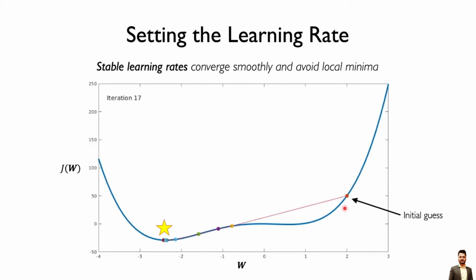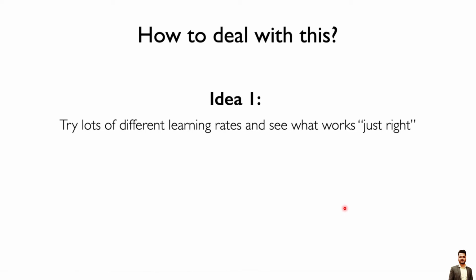So this is a theoretical process, but now you have to look at it from the practical side. Okay, how to deal with this? Try lots of different learning rates. You have to pick the learning rate which is just right. You have to reach the bottommost point of your loss function.